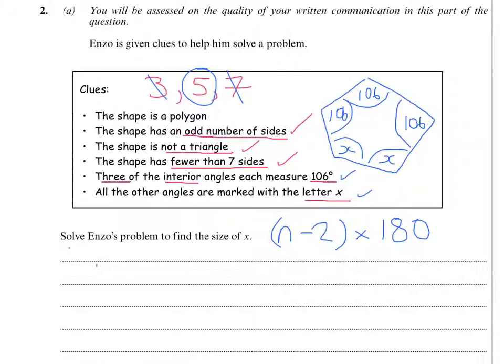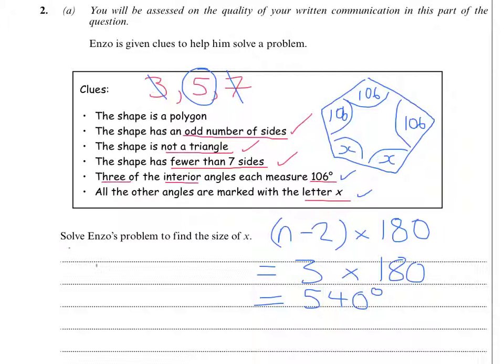Because I've got 5 sides, I'm going to do 3 times 180. 3 times 100 is 300, 3 times 80 is 240, so 300 add 240 gives me 540 degrees.